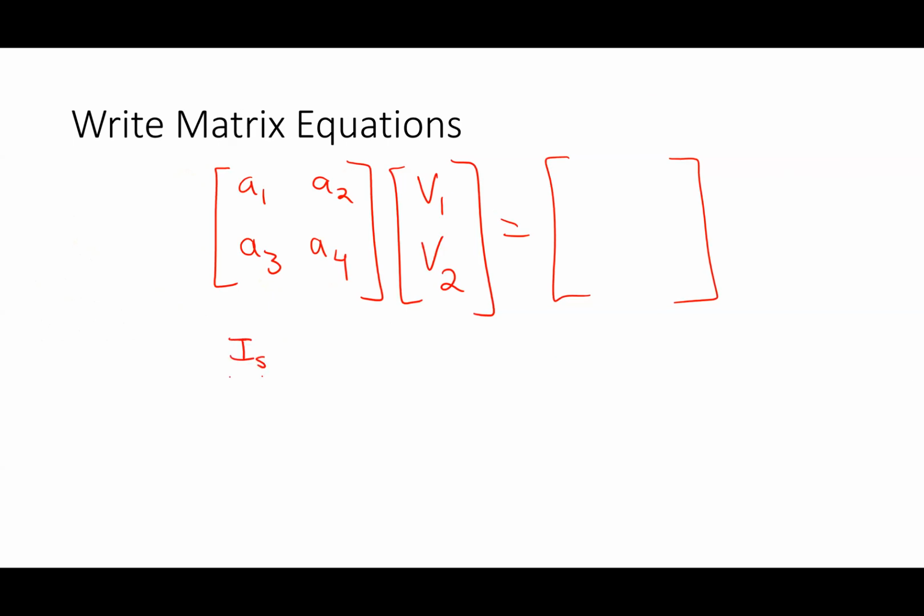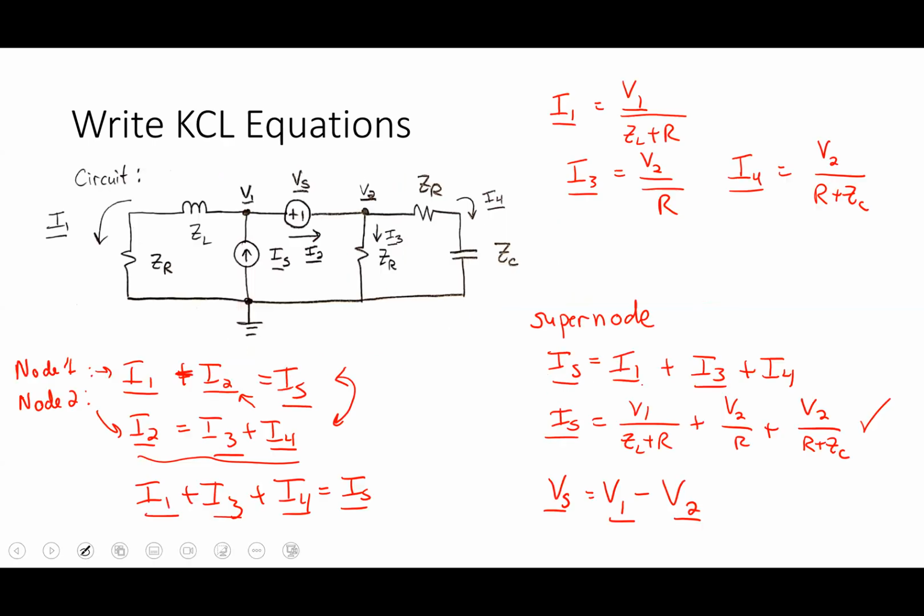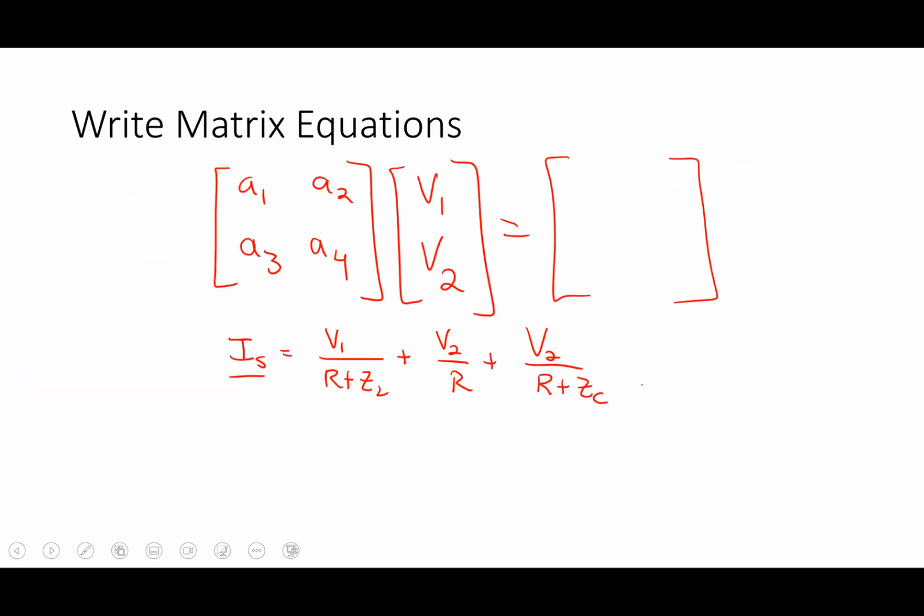So that is IS equals V1 divided by R plus ZL plus V2 divided by R plus V2 divided by R plus ZC. I think that's right. Yep. Okay. How do I put that in matrix form?